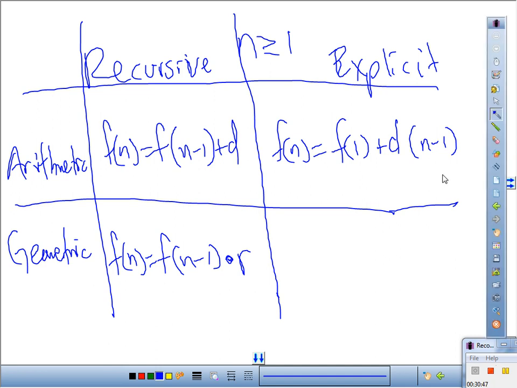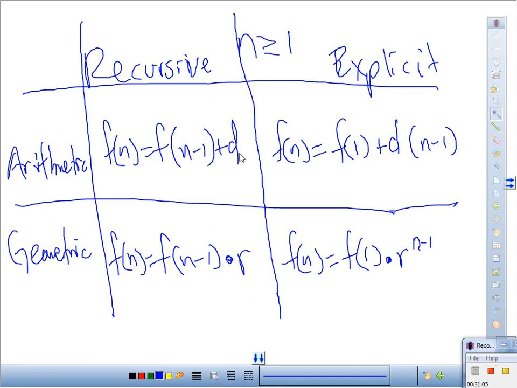There you go. That is correct. And remember that this one starts the same. F of n equals f of 1, but it's times r. Is that correct? However, this one doesn't have a multiplication. It has a power of what? N minus 1. That is correct. Let's go.